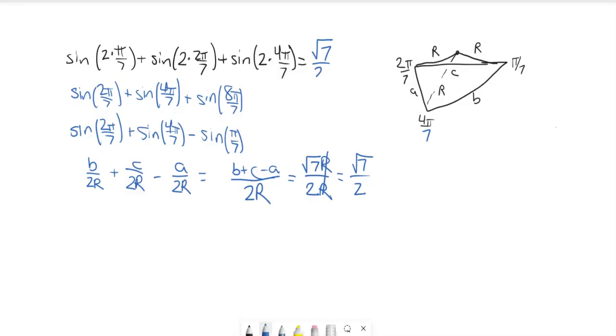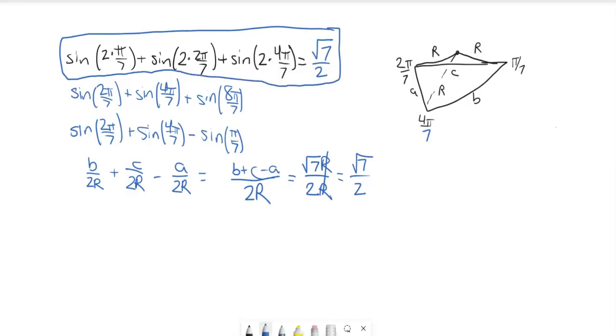So the sum of these doubling sines, sine of 2 times pi over 7 plus the sine of 2 times 2 pi over 7 plus the sine of 2 times 4 pi over 7 will equal the square root of 7 over 2. Very straightforward, very simple calculation, and I wanted to show that to you today.